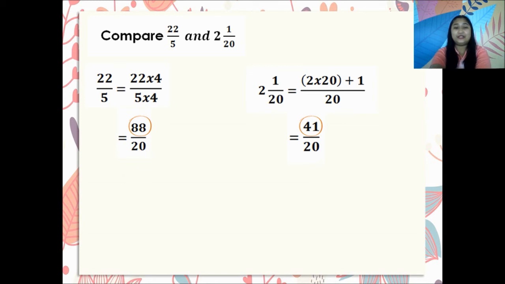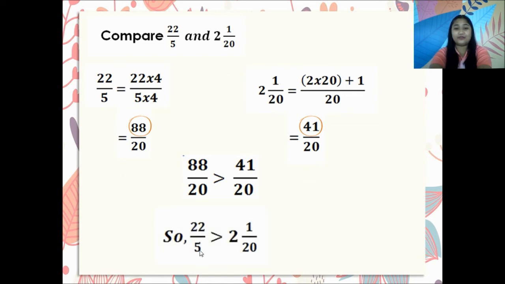It's 88 and 41. Now, what is the greater numerator? Yes, very good. It's 88. So, the answer is 88 over 20 is greater than 41 over 20. So, 22 over 5 is greater than 2 and 1 over 20.